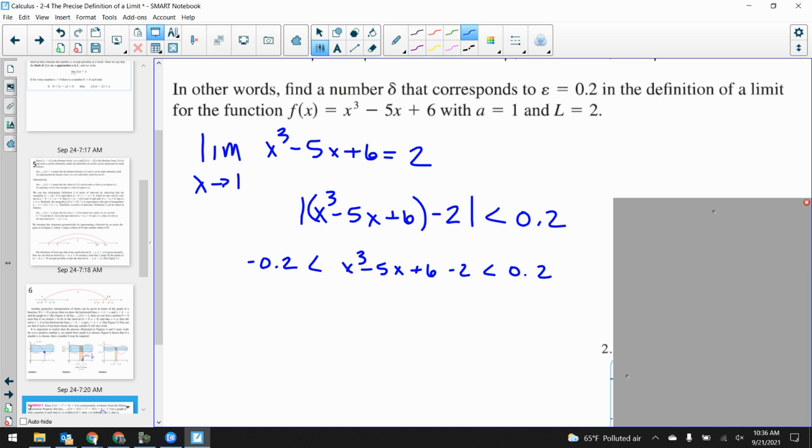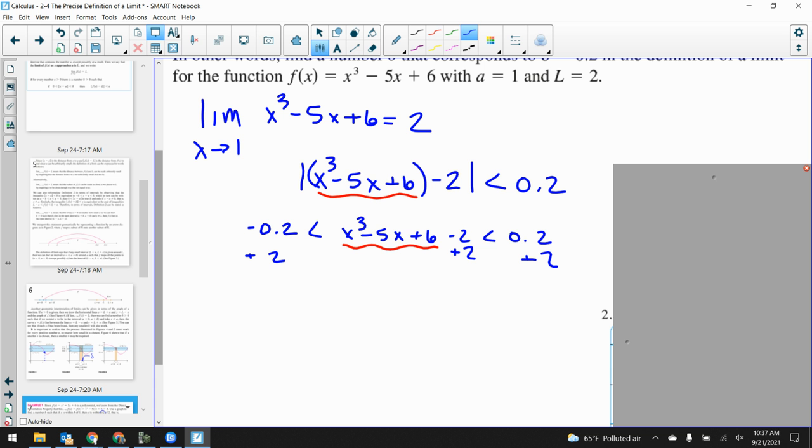Okay. Well, let's add this 2 over to the other side, because I want to keep this as an intact f of x. I want to keep that f of x in there. So let's add 2 to all sides, because this is a compound inequality. Negative 0.2, I'm going to add the 2. I get 1.8.